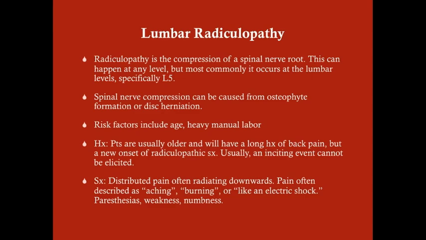But for the most part, what you have with radiculopathy is this pain that radiates, and it's usually described as aching, burning, or like an electric shock. And if you know that this is a radiating pain, and it's associated with back pain, for the most part, that really clues you in on radiculopathy.